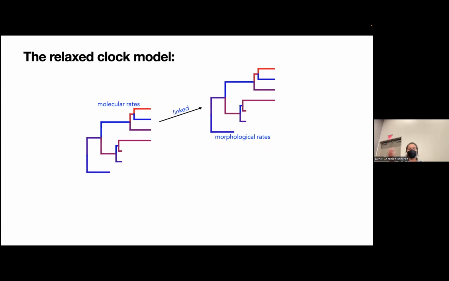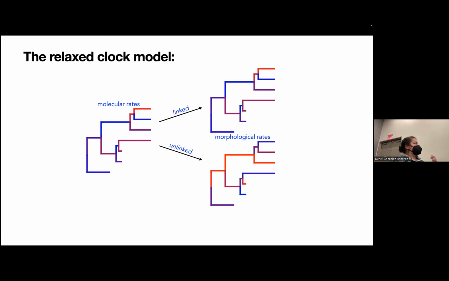Okay, the relaxed clock is pretty straightforward in terms of how it is specified, but something that is interesting, because we're working with two different sources of information, morphological and molecular data, is that we can link or not the clocks. So we may think that the branches that change molecules faster may also change morphology faster.